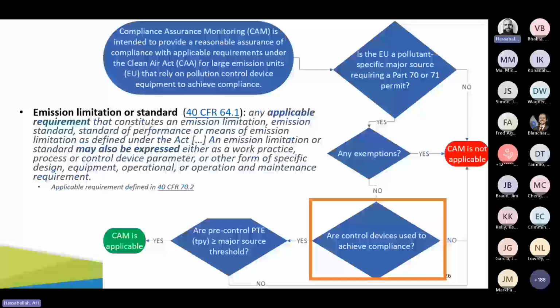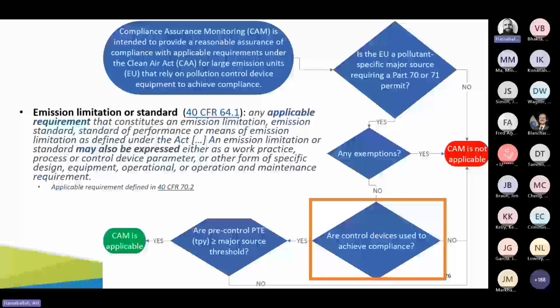And as a relationship of controlled versus uncontrolled emissions. These are your percent captures, your percent destructions.